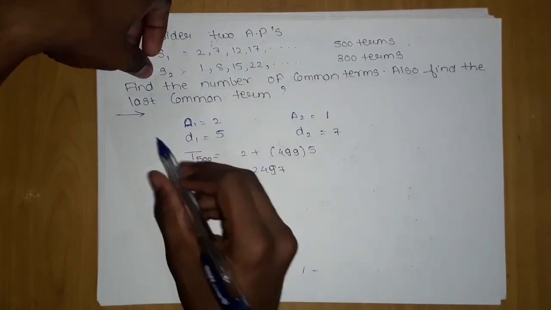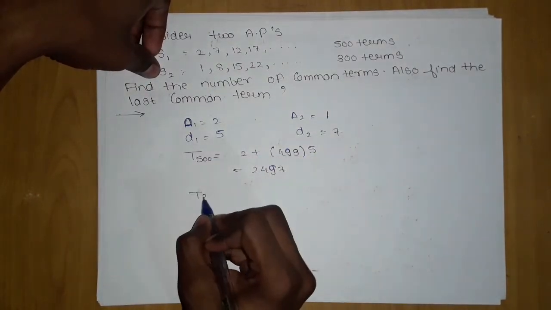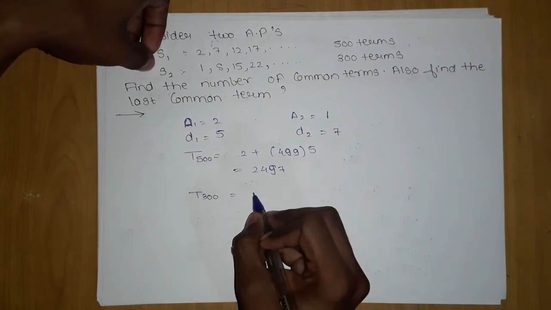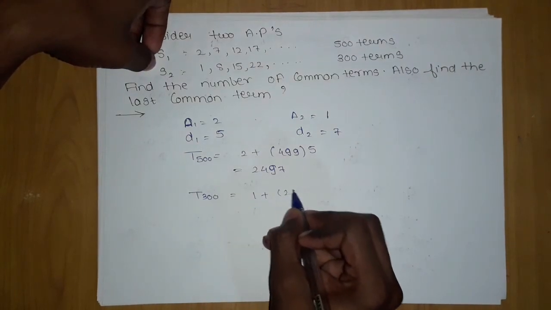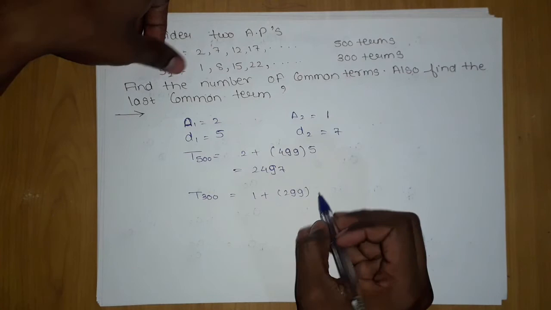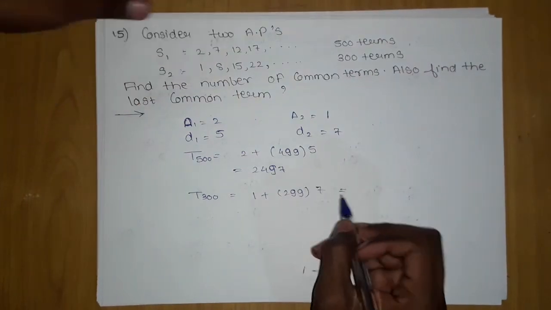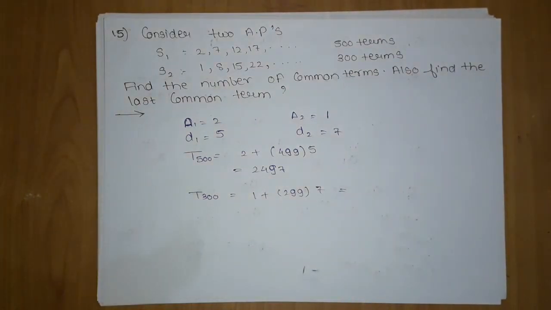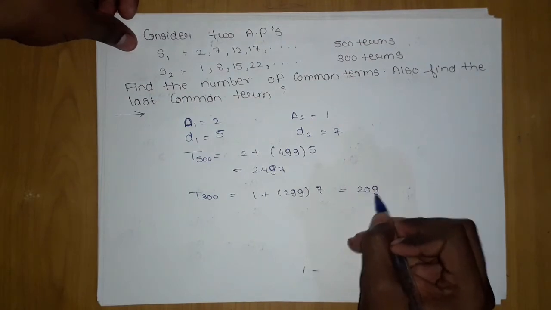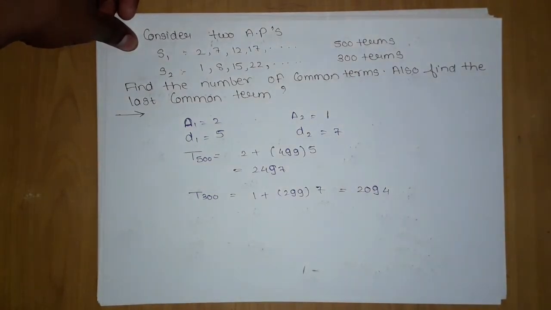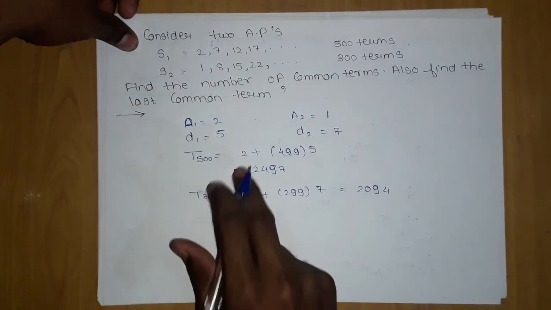Similarly, let's find the value of the T300 term, which will be 1 plus 299 into D, where D is 7. If we calculate it, we have 2094. So we got the last term of each sequence.